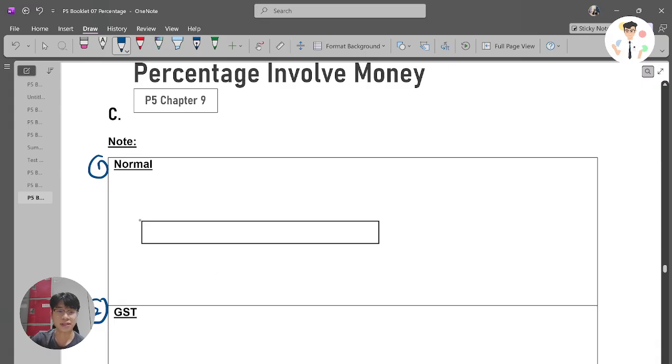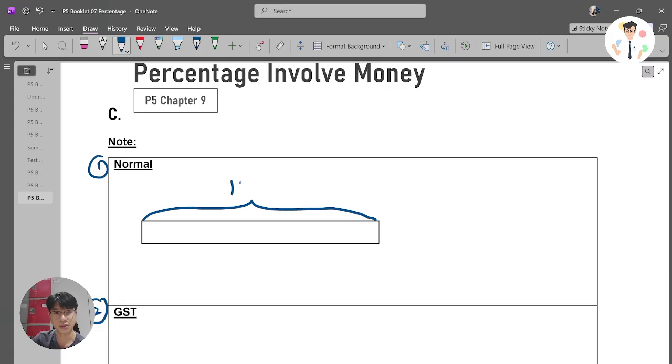Okay, so for example, you have this amount of money. So this is 100%. And you have for example $2,000. Wow.